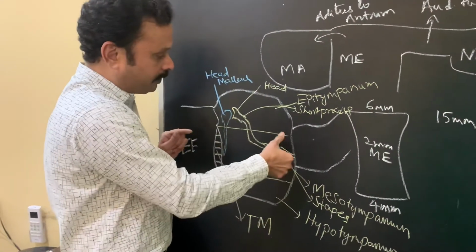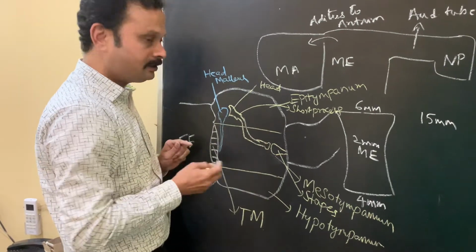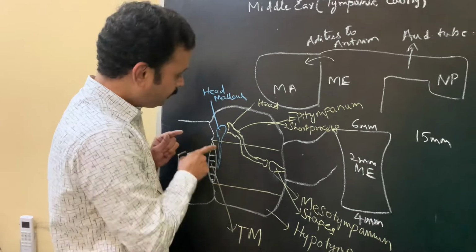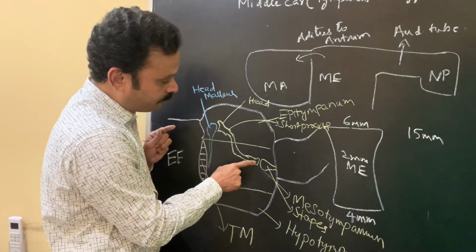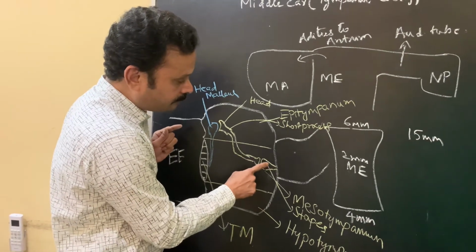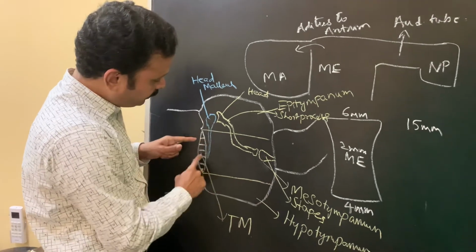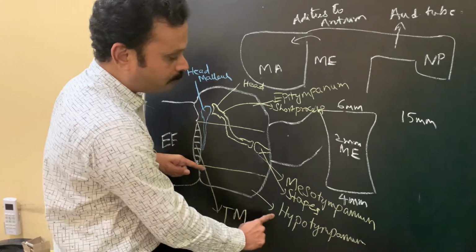So the mesotympanum, which lies across the tympanic membrane, is the narrowest part of the tympanic cavity or the middle ear, and contains the handle of the malleus, long process of incus and its articulation with the entire stapes. The lowermost part, which lies below the tympanic membrane, this region, is called the hypotympanum.